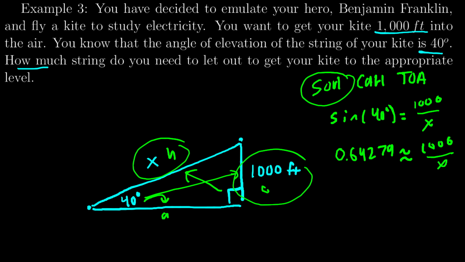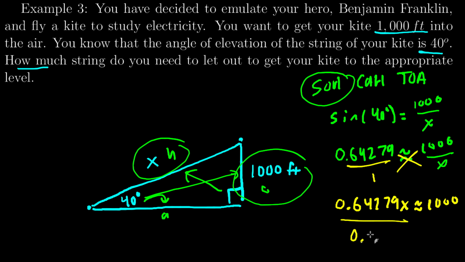To solve this, I'll set up a proportion and cross multiply. So I get approximately 0.64279x is 1,000. Divide both sides by 0.64279.